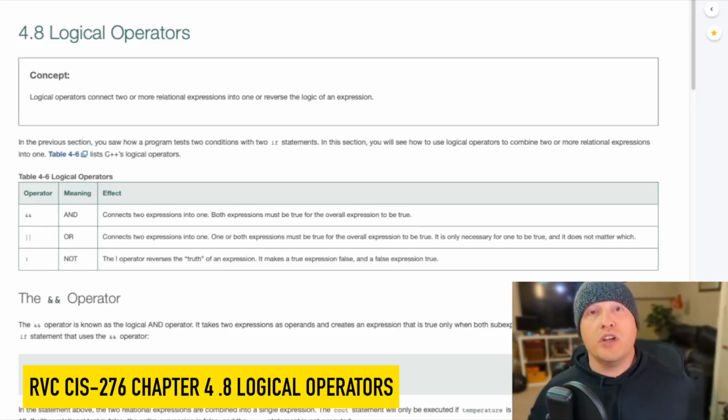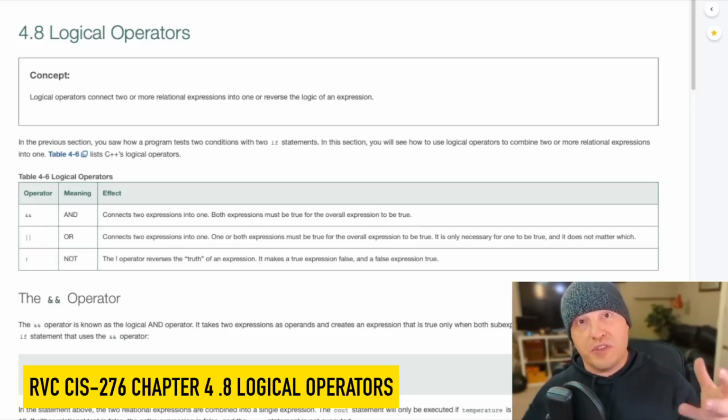Is 101 degrees less than 100? No. But because the left-hand side of that operation is true, the whole statement is true. So you can see where the or is not a good logical operator to use in order to find something inside of a range of values. That we would use the and operator for.